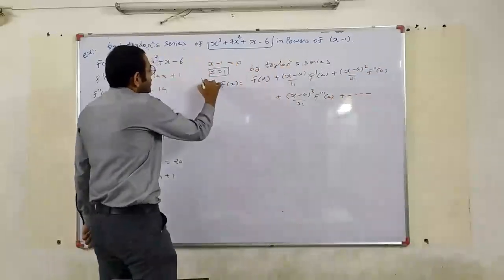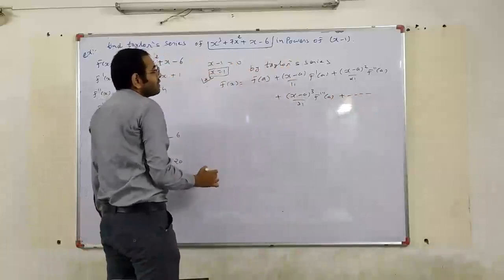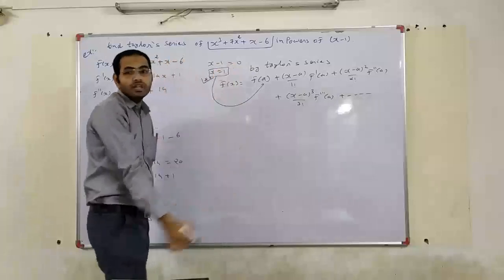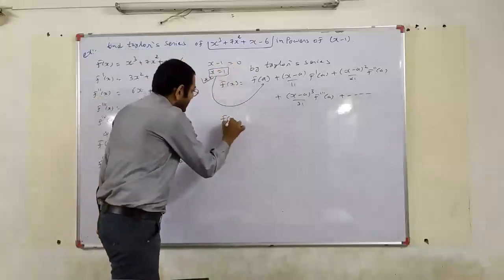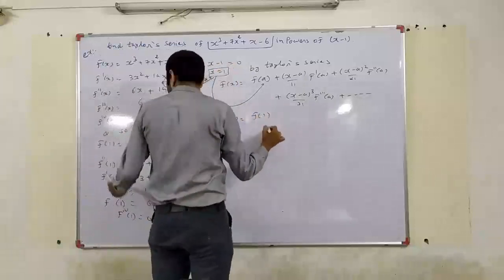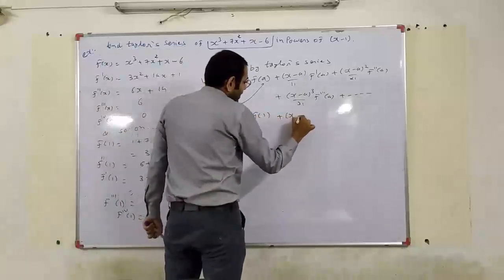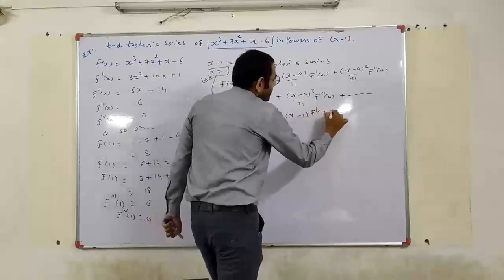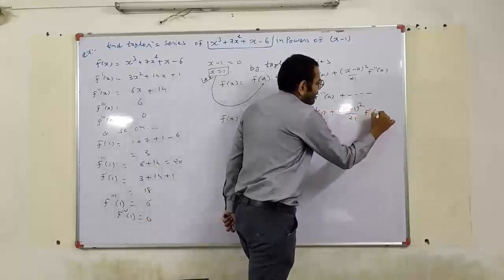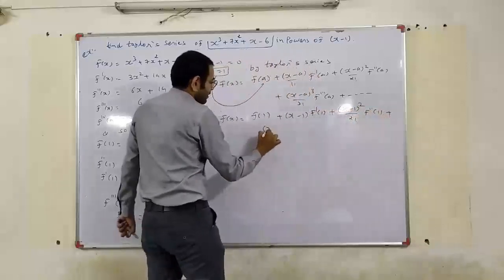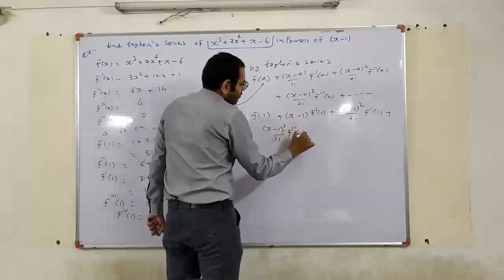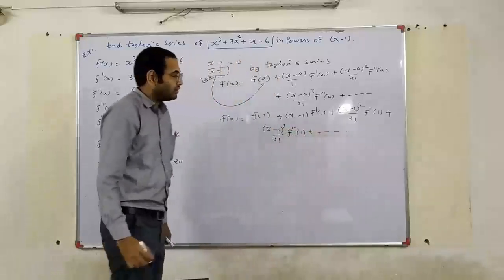Here our position is 1, not a value of x but a position, so our Taylor series becomes f of 1 plus x minus 1 f dash of 1 plus x minus 1 whole square by 2 factorial f double dash of 1 plus x minus 1 raised to 3 by 3 factorial f triple dash of 1, and so on.